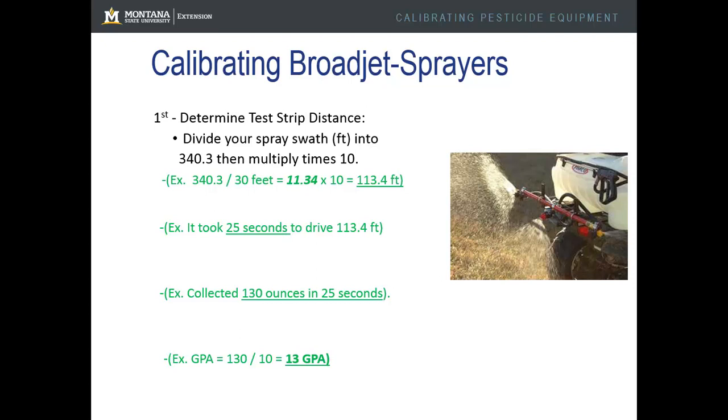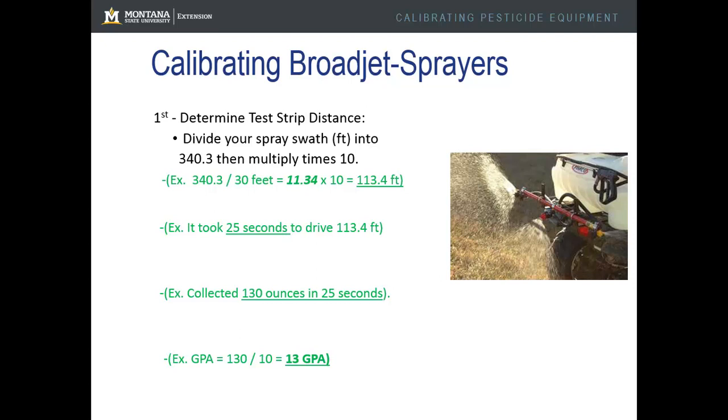First, you must determine test strip distance by measuring the spray swath of your broad jet in feet. You can obtain the course test strip distance by taking the constant 340.3 and dividing by the broad jet swath width, which in this example is 30 feet.